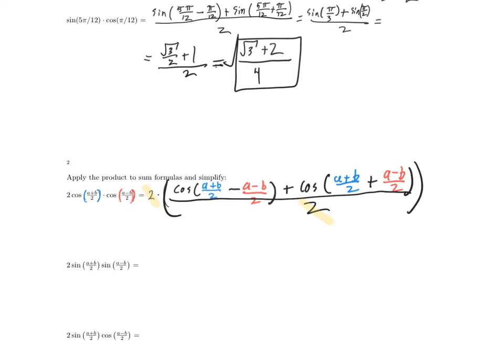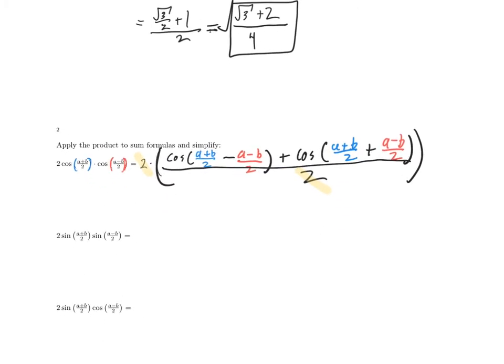Maybe I'll go through and write out what we have inside of those cosines. This will be equal to, so inside of this parenthesis, I see (a plus b)/2 minus (a minus b)/2. I have a common denominator, so it's just going to be cosine of stuff divided by 2. And what is the stuff? Well, it's the blue stuff, a plus b. Now I'll distribute this minus sign over that stuff.